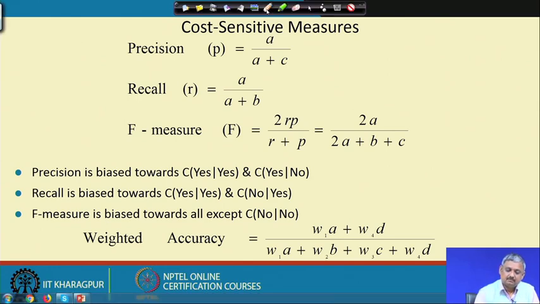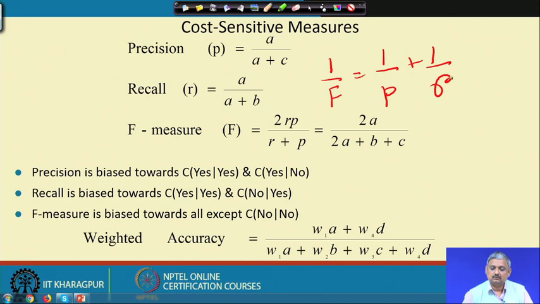We have a combination of precision and recall called the F measure. It is the harmonic mean.